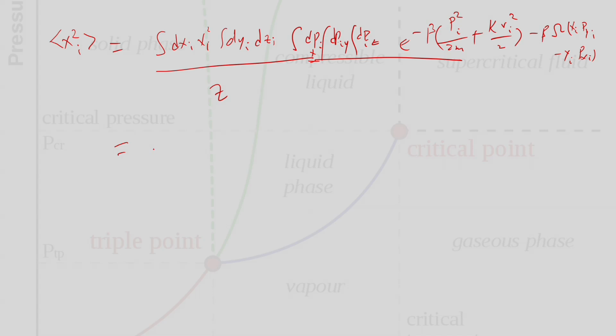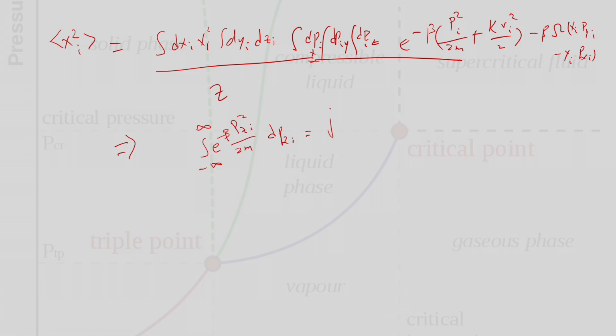So I am going to first do the p integration. The first integration is the one which has only pz, pzi squared over 2m, integrated over all the p's.